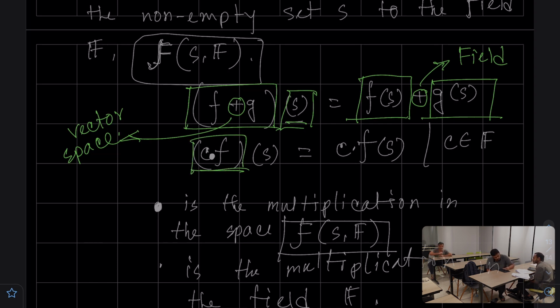And that is how this new function is defined. c dot f is taking s as an input and spitting out an element in the field, and that is what we have on the right hand side, c dot f of s. By definition, f of s is in the field because f is a function in that set, curly F, S comma bold-faced F. And c is the field element, and that dot on the right hand side is taking place in the field. It is the multiplication in the field.